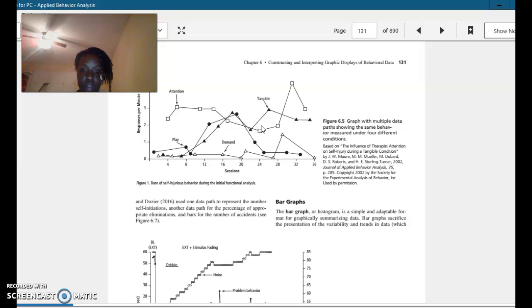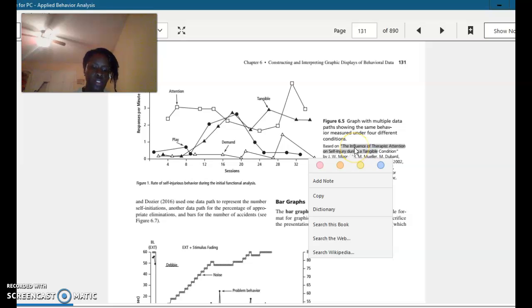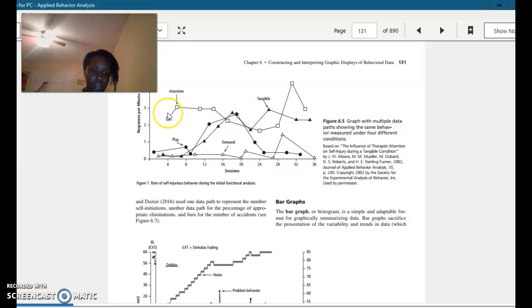As you have it here, this graph is measuring self-injurious behaviors, based on the influence of therapist attention on self-injury during a tangible. The squares represent attention. The shaded-in triangles represent tangible. The non-shaded triangles represent demand. And finally, the circle represents play.